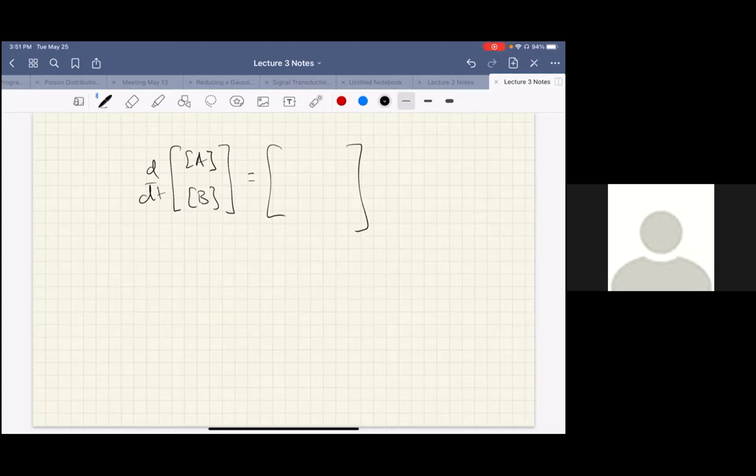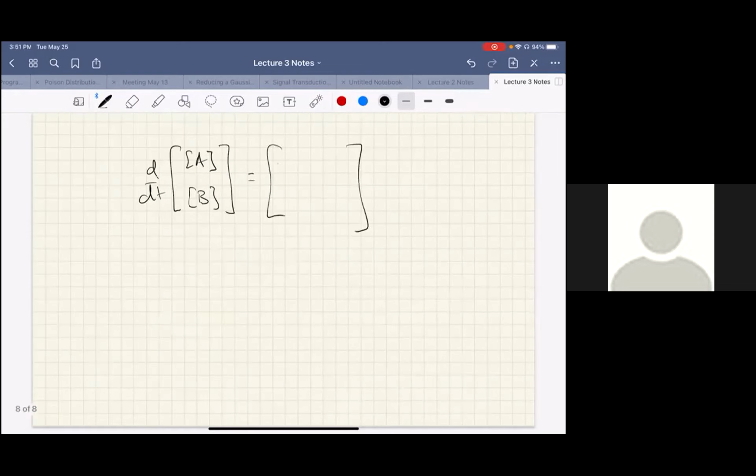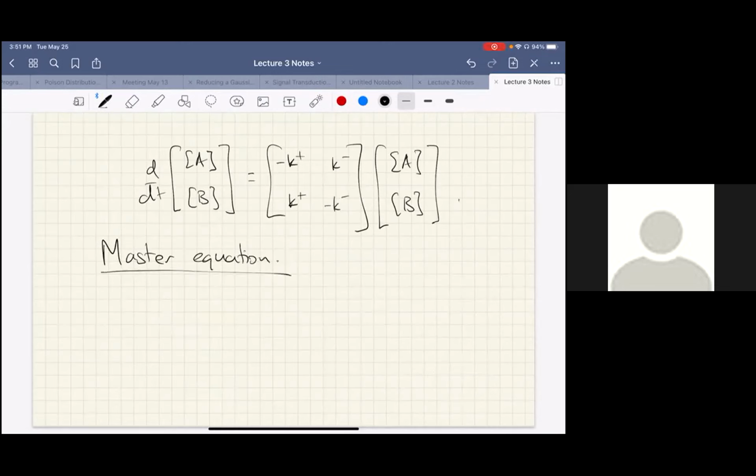I'm just going to put it back to make sure I'm getting this right. Like so. This is called the master equation for the system. We're going to come back to master equations later.